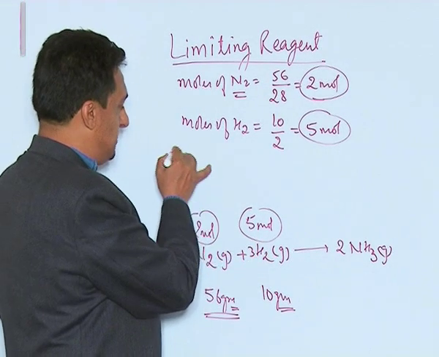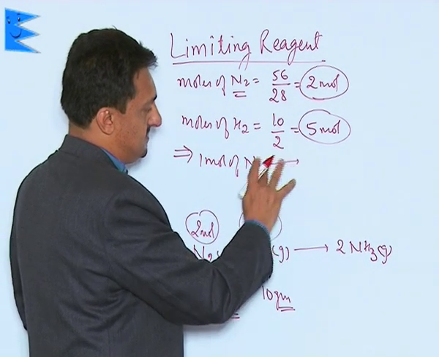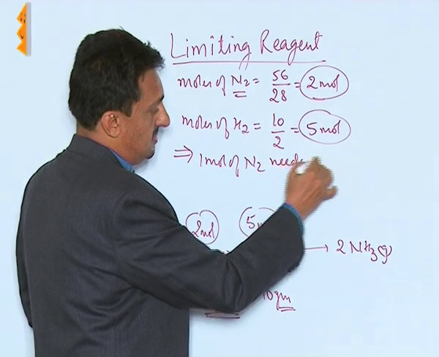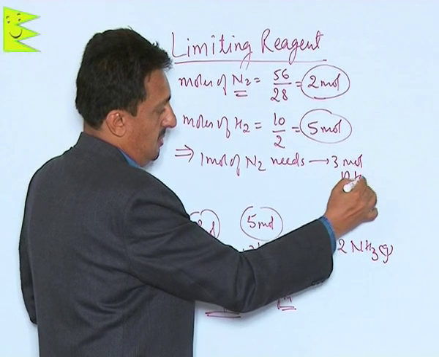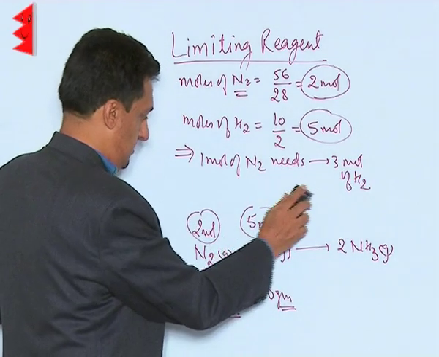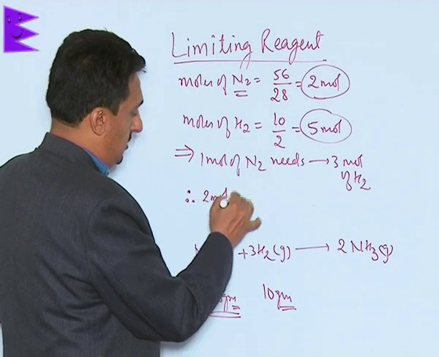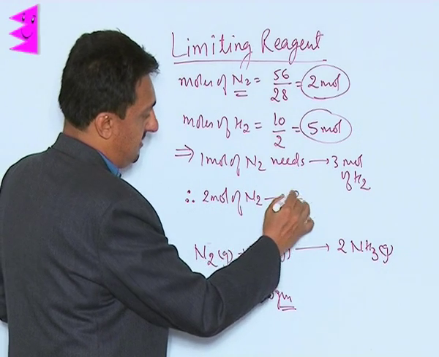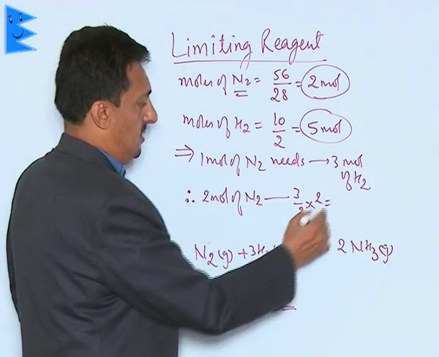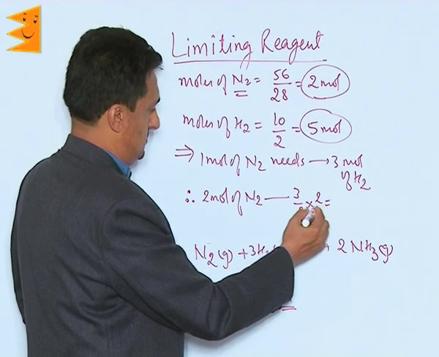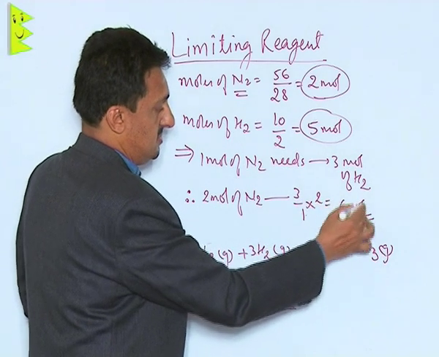Let us see this. Since we know 1 mole of nitrogen needs 3 moles of hydrogen, therefore 2 moles of nitrogen will need 3 by 2 into 2. So it will be 6 moles.